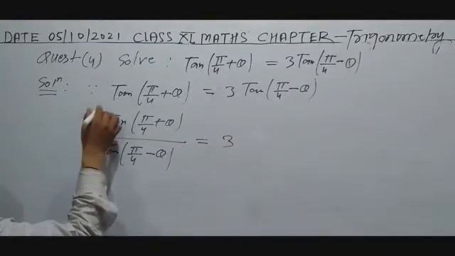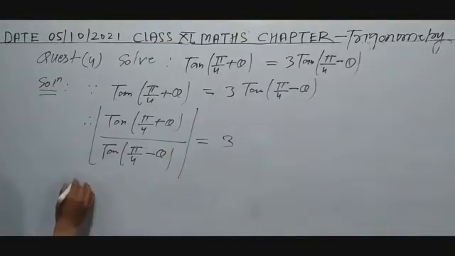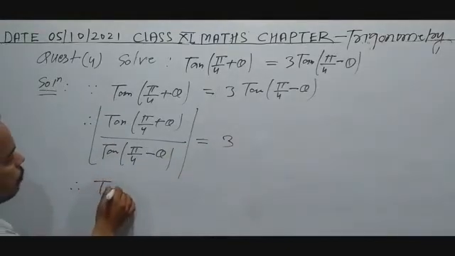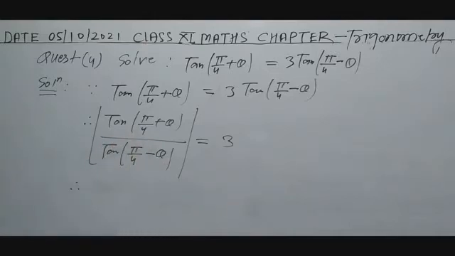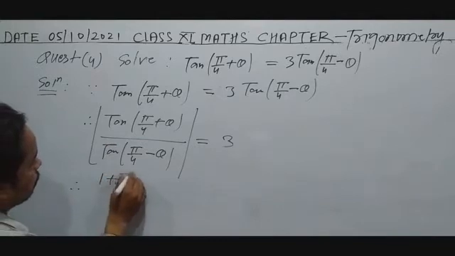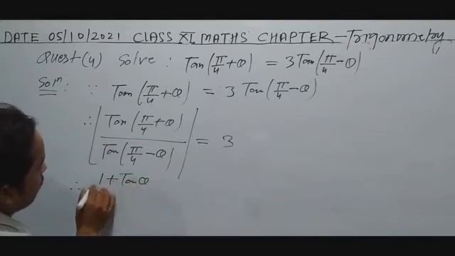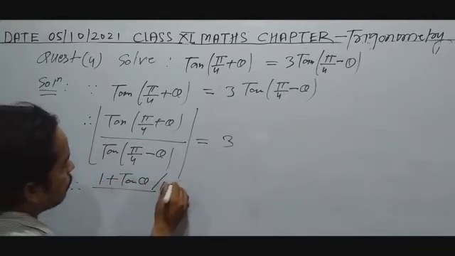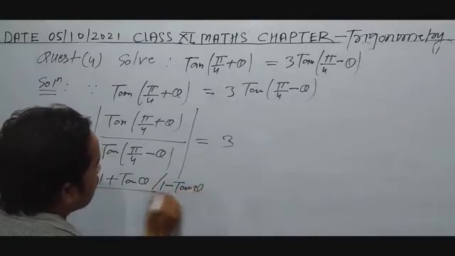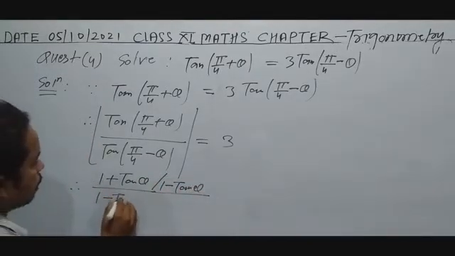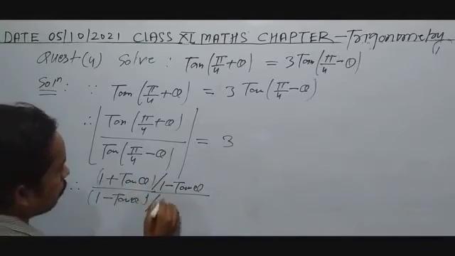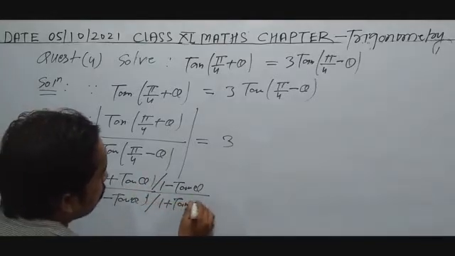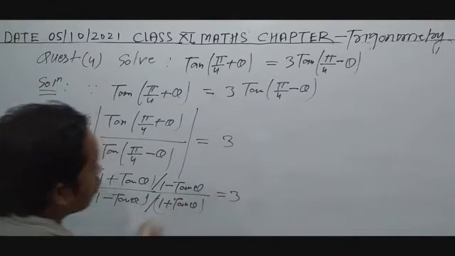Now you know this is the formula of tan(pi by 4 plus theta), which means (1 plus tan theta) whole upon (1 minus tan theta), and this is (1 minus tan theta) whole upon (1 plus tan theta), is equal to 3.